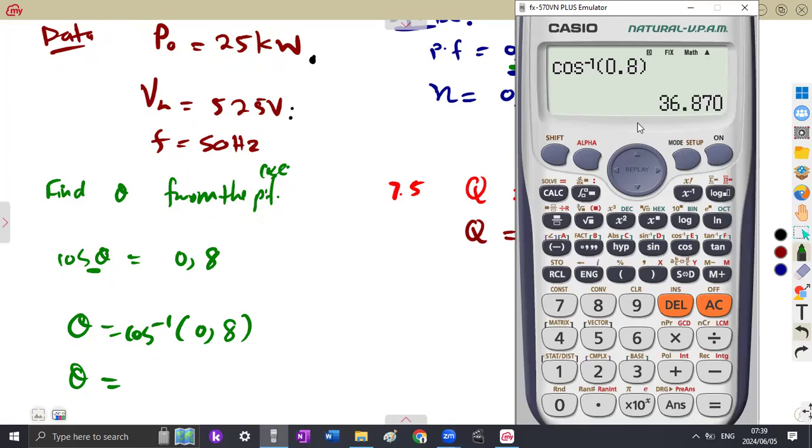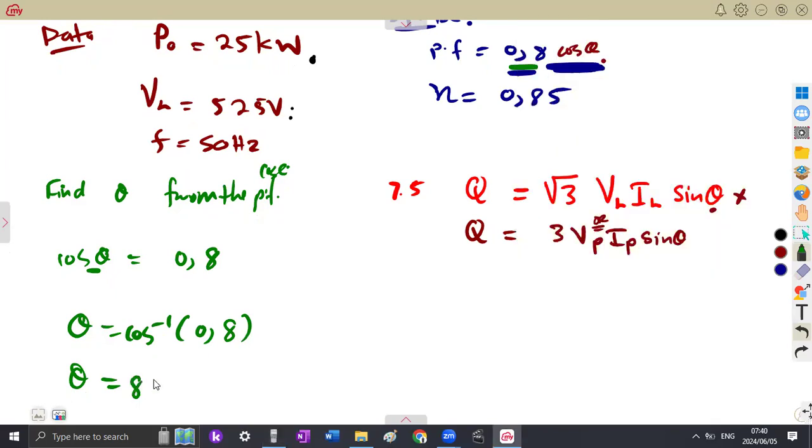Remember, I fixed my calculator to 3 decimal places. So it's going to be 36.870. We just need the angle, guys.